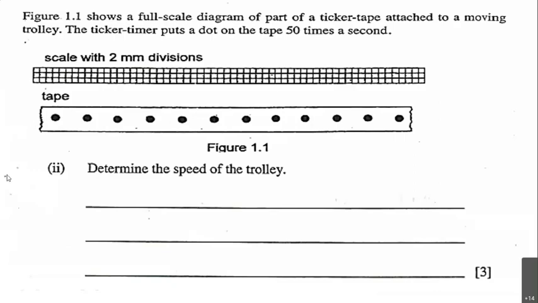So if we just scribble our velocity formula in the corner here, distance over time, first thing we have to do is find the distance. Well, we're going to line up the beginning of our first dot with the end of the tape, and we're going to do the same thing at the end of the last dot.